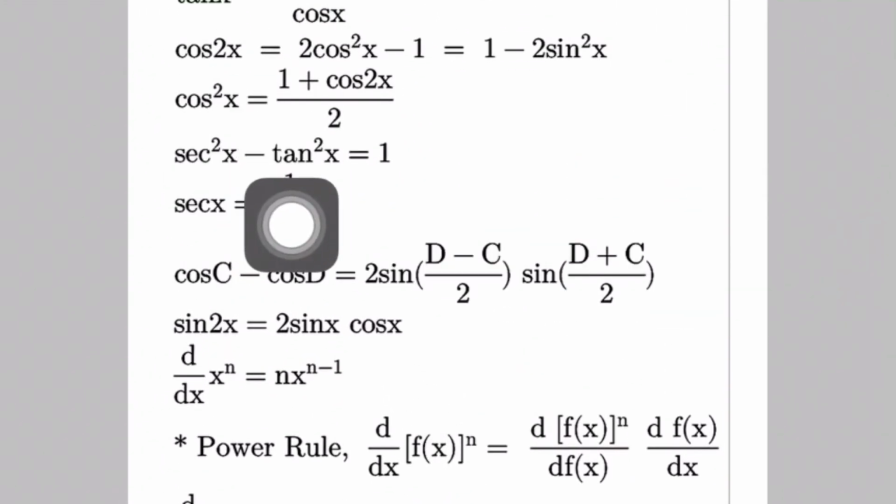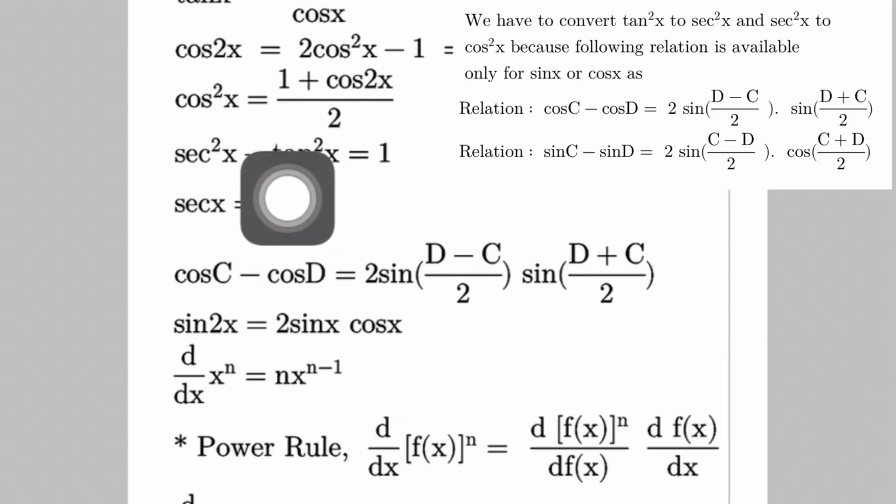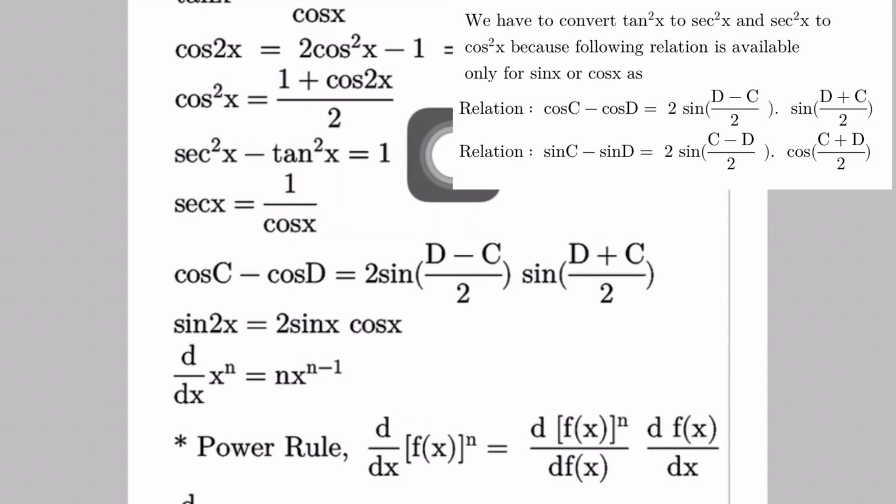this relation. So if you take minus tan square x to the right hand side, you get tan square x is equal to sec square x minus 1.